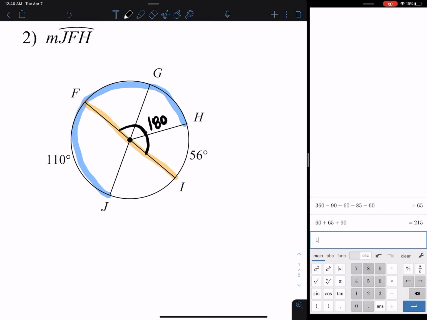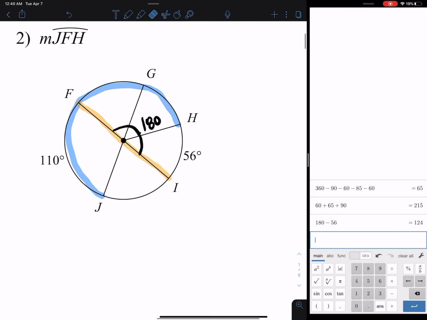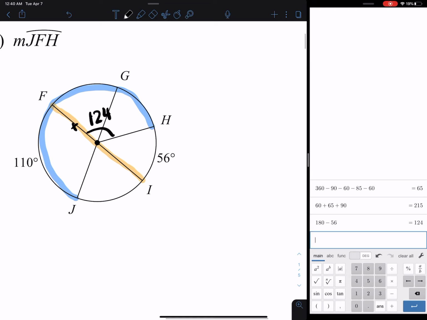If we do 180 minus 56, that gives us 124. So we know that this part is 124, and we need to add that to the 110 to get our answer. So that would be 234 for that arc.